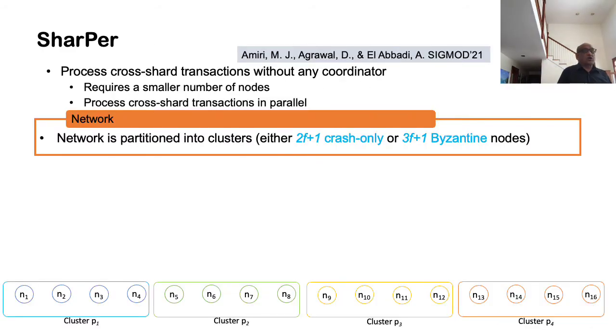One of the problems with AHL is that it has this notion of coordination that has to happen for all global transactions. So the next result I'm going to present is from a paper in SIGMOD 21, based on Mohammad Amiri's PhD thesis work.